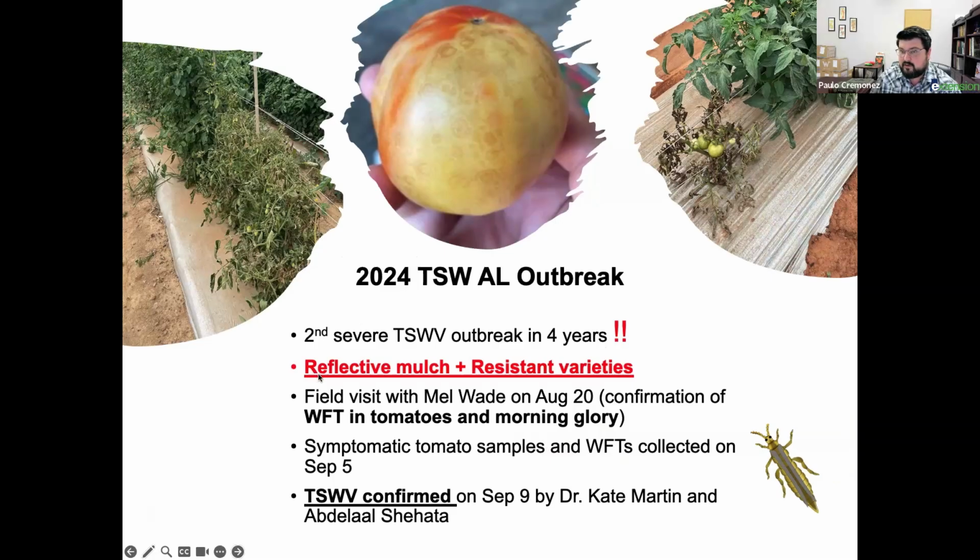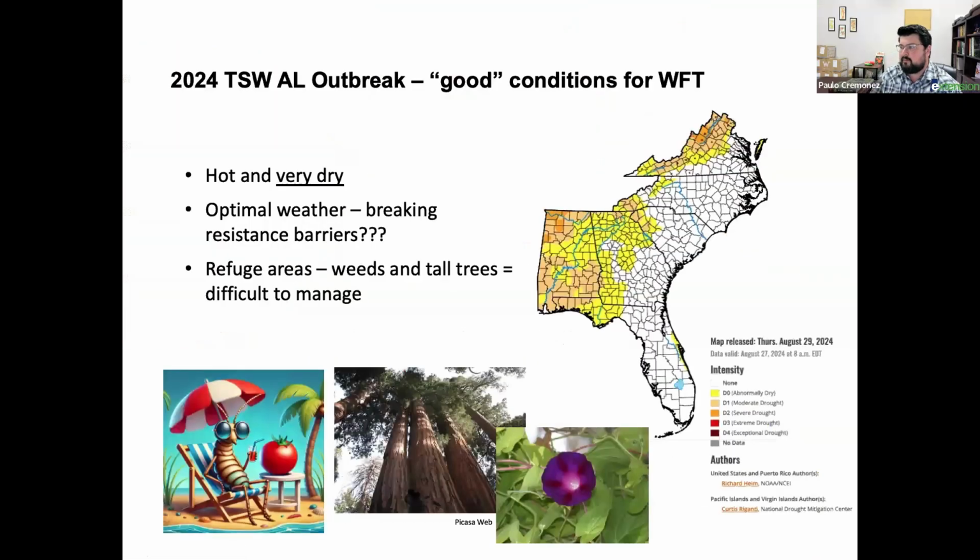Plus, the first lines of defense were being used, so they did have reflective mulch and resistant varieties in this case, but they still had a bunch of symptomatic tomato plants like this. Up to 35% of the plants were infected in some areas, and we collected tomato samples and thrips. We confirmed the thrips, and we also confirmed that it was tomato spotted wilt virus in the lab.